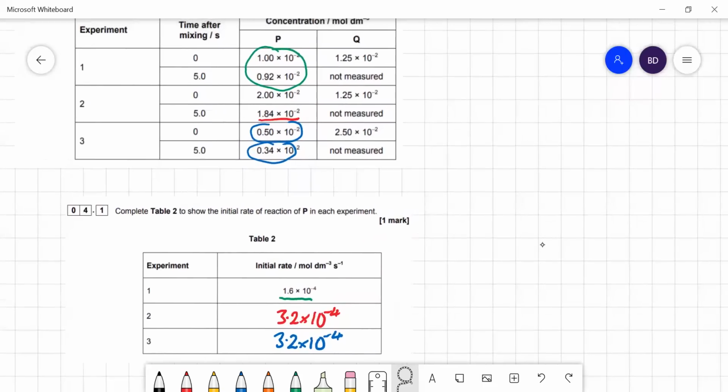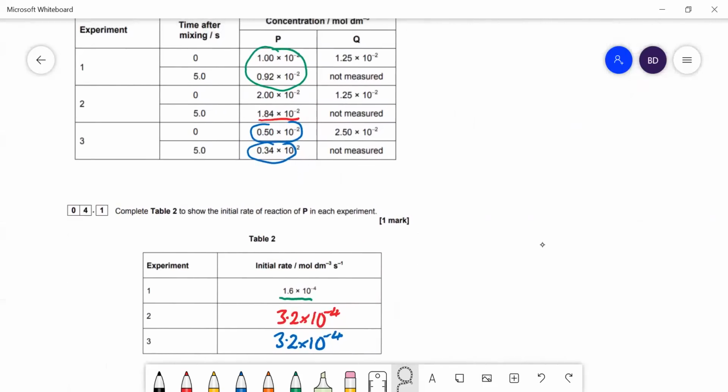So let's compare experiment 1 and experiment 2. What happens to the rate? The rate is multiplied by 2. What has happened as you go from 1 to 2? What can we say about the concentration of P?